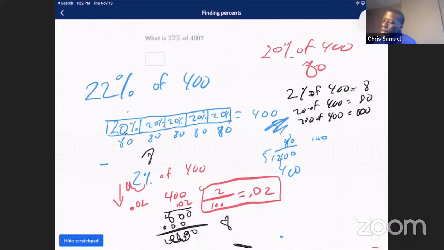How many pennies are in here? We would say 240 times 4. So 40%, yeah, 40% of them is pennies.